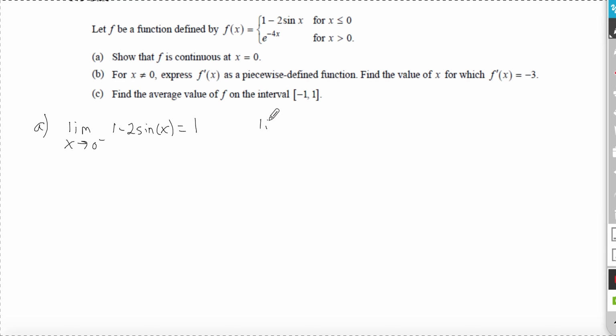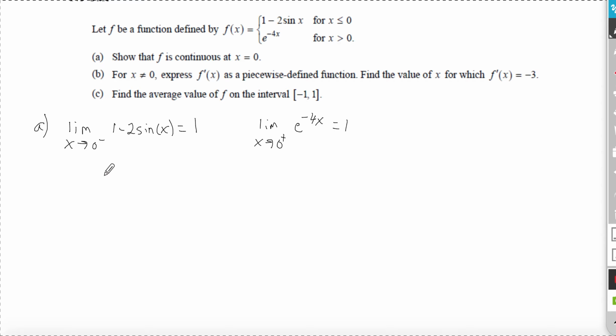What do I know about the limit as x approaches 0 from the right? Because I got to check both of those things. The right-hand side of x is 0 will follow e to the negative 4x. I got to make sure that the limits are the same. So as x approaches 0, that'd be e to the 0, which will give us 1.